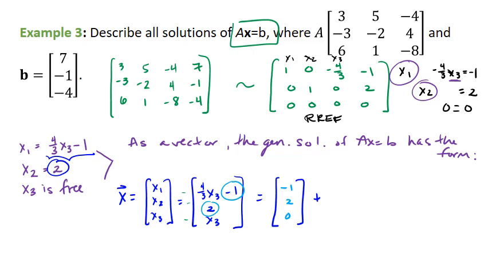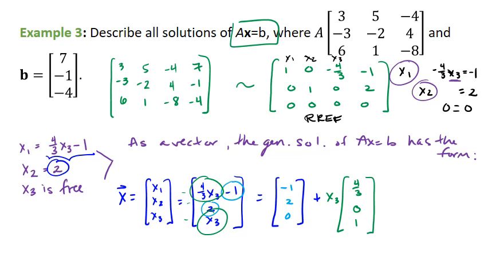I also don't have anything for x2, but I do have x3. So I'm going to take out all my coefficients of x3. In the first row, it's 4/3. In the second row, I don't have any x3s, so that coefficient is 0. And then in the third row, I have x3, so that coefficient is 1.